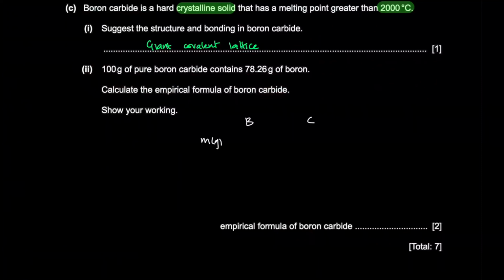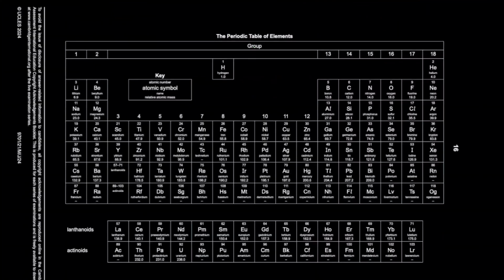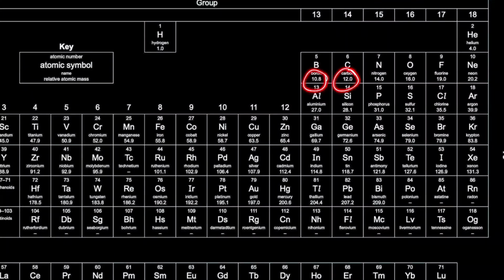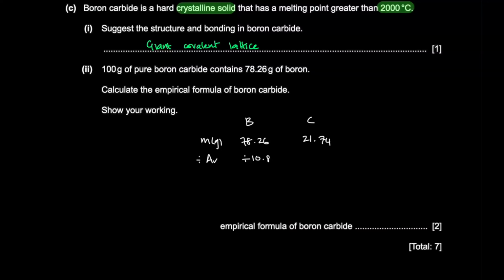If you have 100 grams, we have 78.26 grams of boron, and then you can just do 100 minus that, which would give you 21.74 grams of carbon. Then you have to divide by the atomic masses to find the moles, right? So the atomic mass of boron from the periodic table is 10.8 and carbon is 12.0. So we're going to divide this by 10.8, divide this by 12.0. You get the mole ratio.